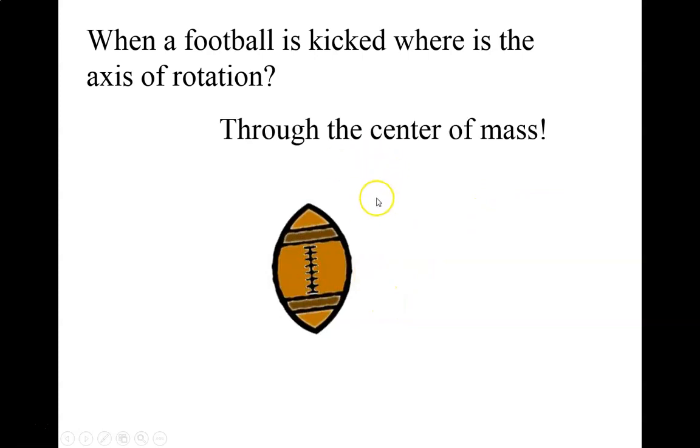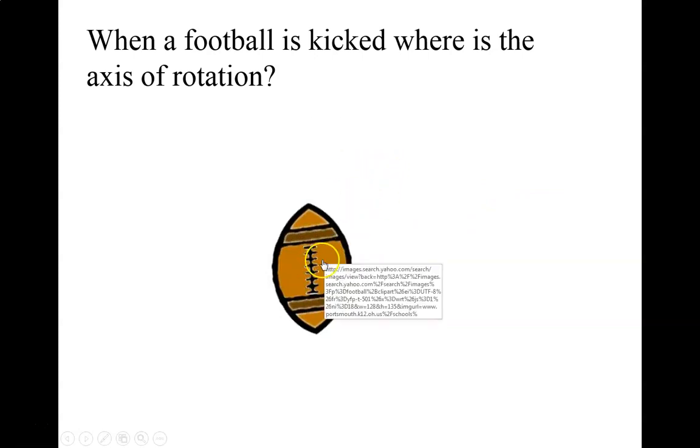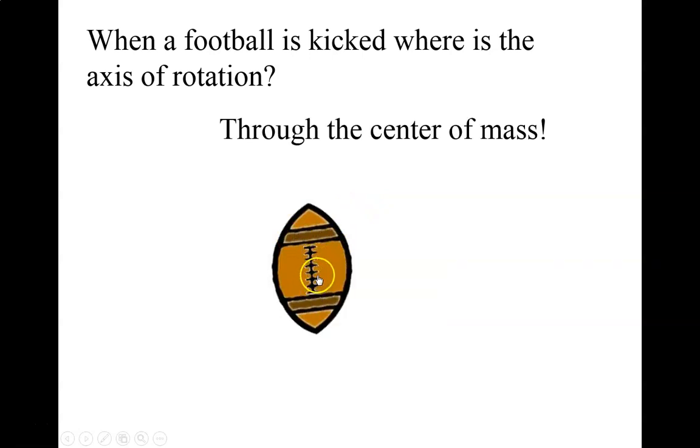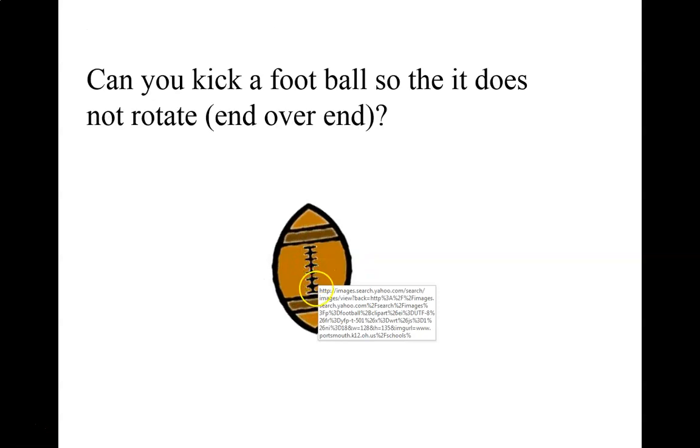So when a football is kicked and it's spinning in the air, the axis of rotation goes through the center of mass, meaning it's spinning around its center of mass, which is what things do. The center of mass is shown in red, and it's spinning about that point. So it's spinning about its center, basically.